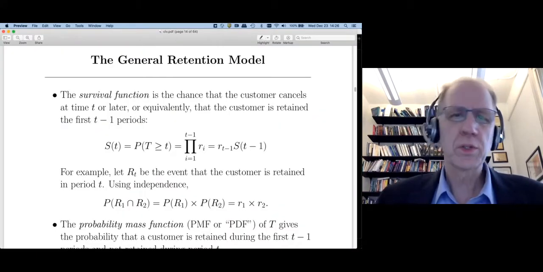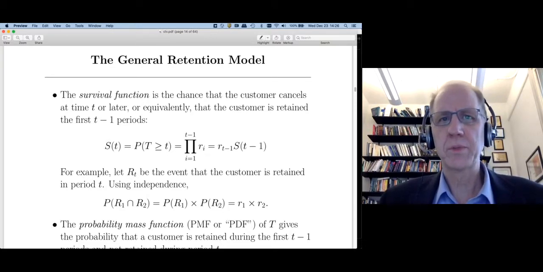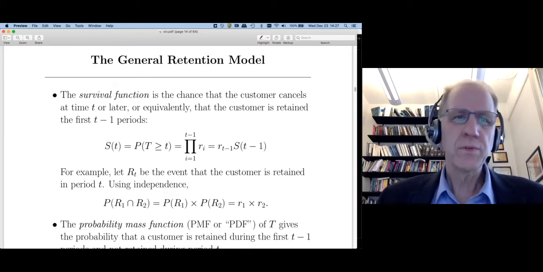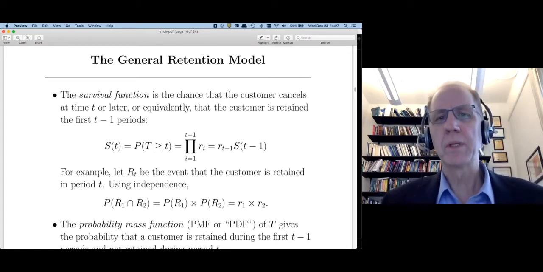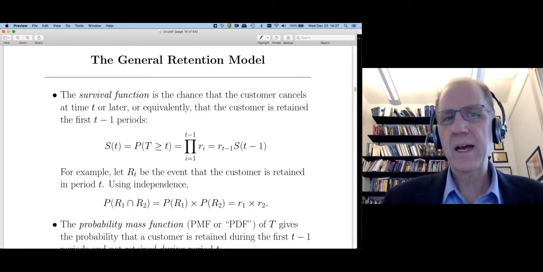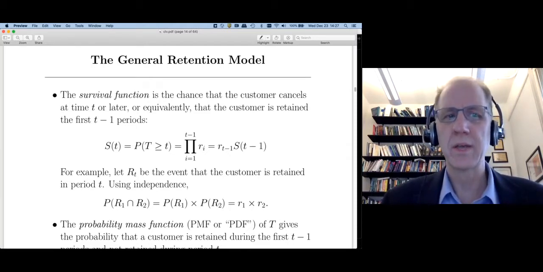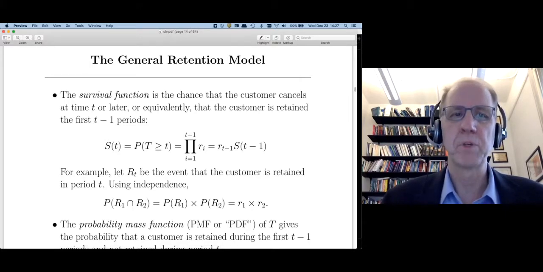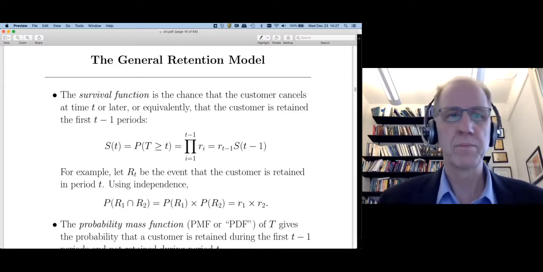So in order to describe the general retention model, we really need some concepts from survival analysis. In survival analysis, the survivor function is the probability that a customer cancels at time t or later. Or more generally, you could say that the event happens at time t or later. So the patient has survived at least up until time t.